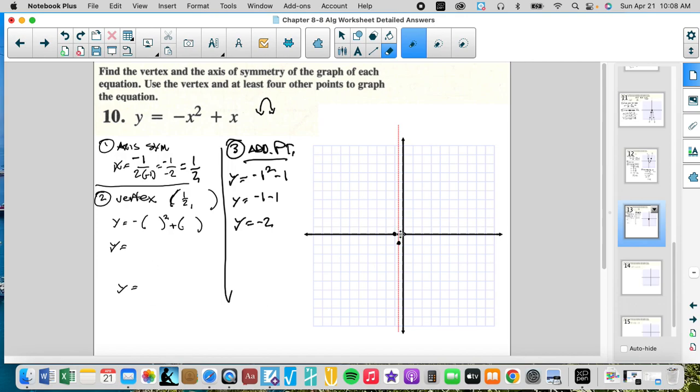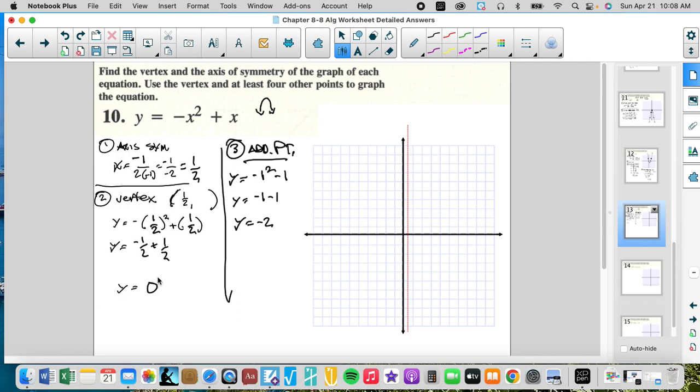Mr. Mac. And my axis of symmetry is on the other side of the graph. This value is correct, however, which is the funny part. 1/2, 1/2. So 1/2 squared plus 1/2 is negative 1/2 plus 1/2, which is 0.